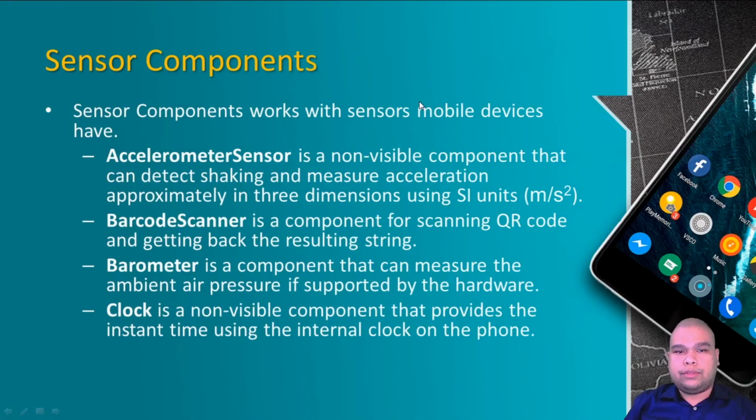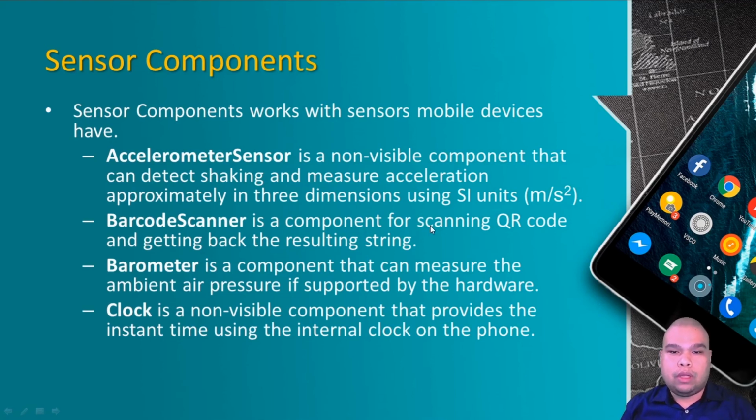Aside from your map components, we also have sensor components. Sensor components work with sensors that mobile devices have, or any hardware that you will be using. Let's say, for example, we have the accelerometer sensor. It is a non-visible component that can detect shaking and measure acceleration approximately in 3 dimensions. We also have the barcode scanner.